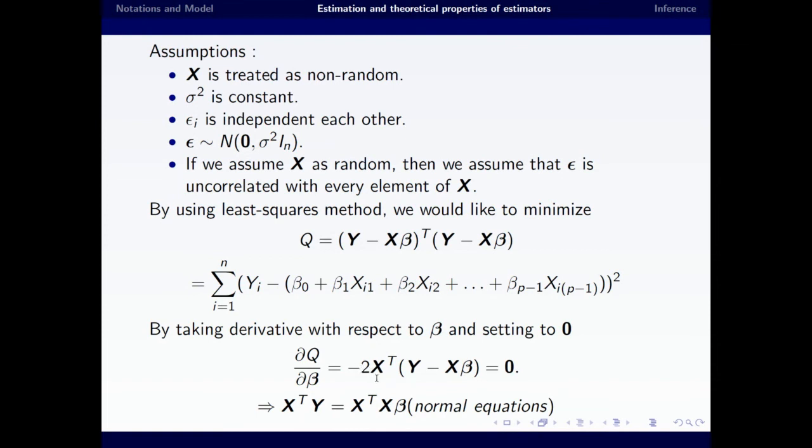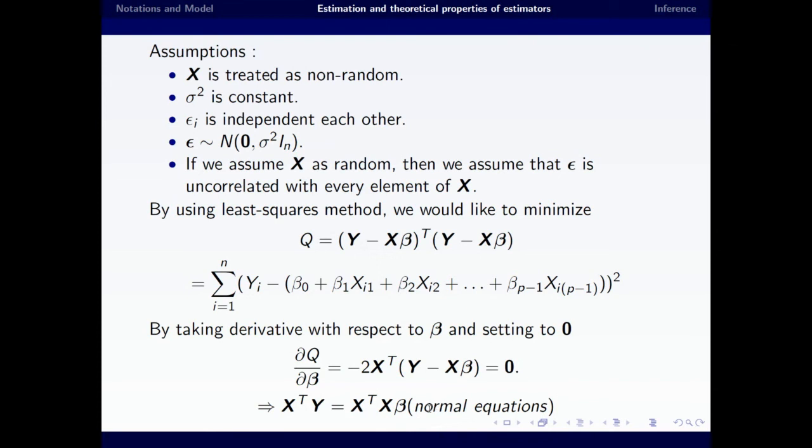Then you can remove the minus 2 because it does not affect the zero, and X transpose y equals X transpose X beta, which are the normal equations in the multiple linear regression version. In simple linear regression, we have only two equations.